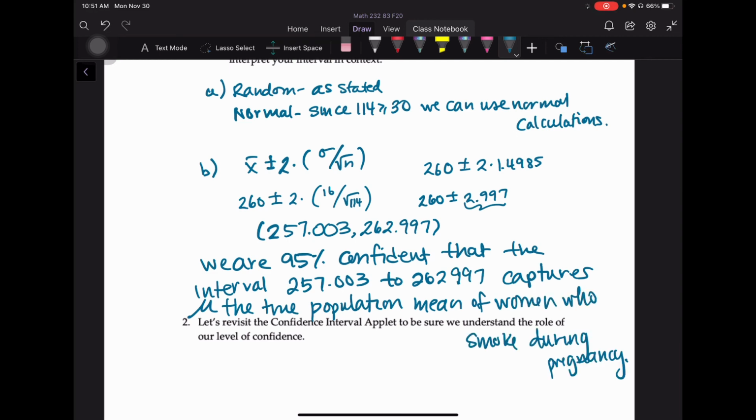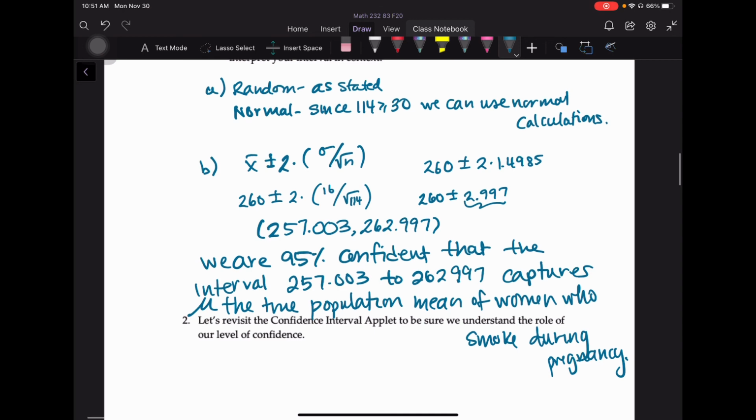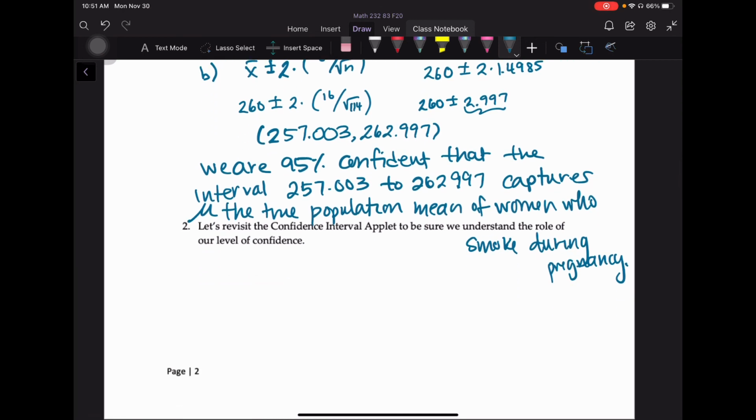Now, part C says, let's also construct a 98% confidence interval and interpret our interval in context. Well, we're going to use StatCrunch to do that. I will show you that in a minute, but we get the interval, this is C, 256.514 and 263.486.